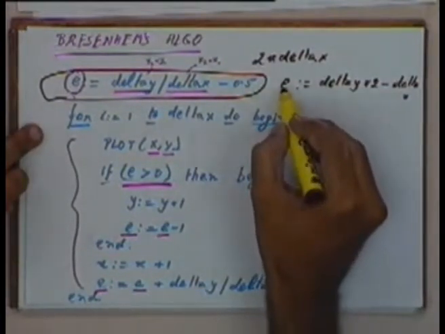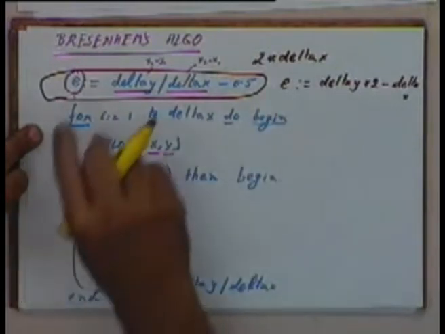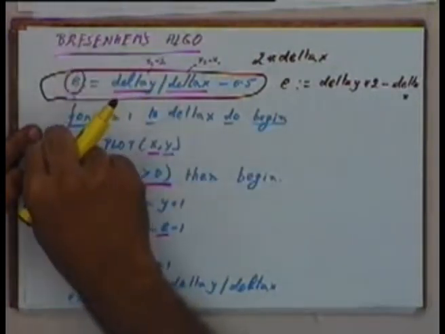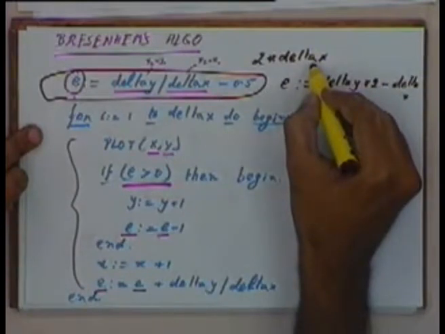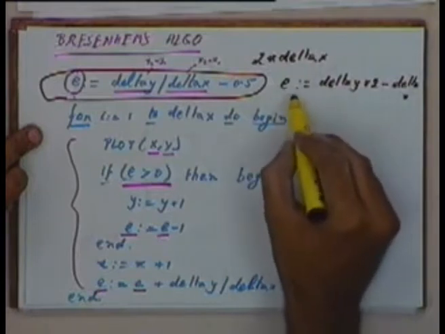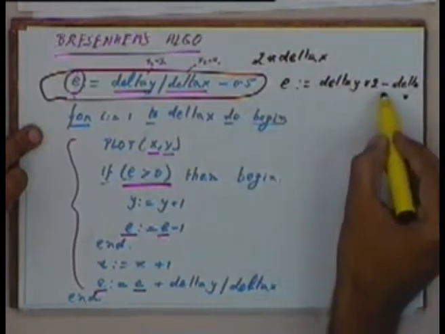Now my error term E is not the error term which we had shown in the figure earlier, but it is that error term multiplied by 2 times delta x. So E is equal to delta y times 2 minus delta x.